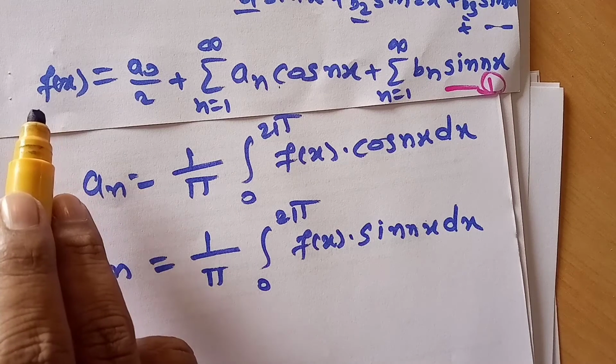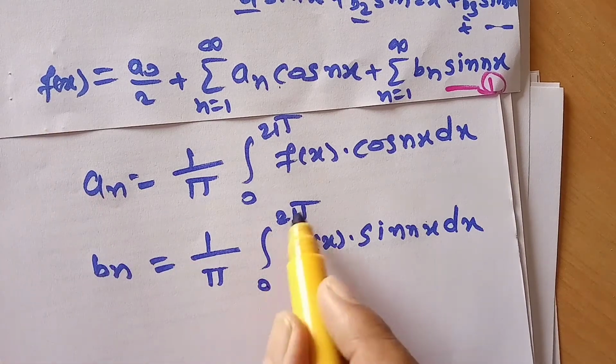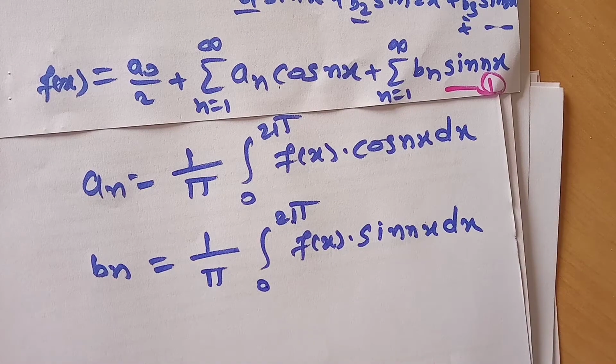This is our periodic function with period 2 pi, 0 to 2 pi. In this period we can write our Fourier series expansion.